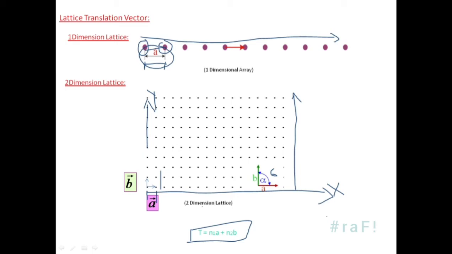Where n1 and n2 are two integers. In two-dimensional lattice, the translation A is combined with translation B, then a two-dimensional array is obtained, and the corresponding collection of points is called a two-dimensional or a lattice plane.